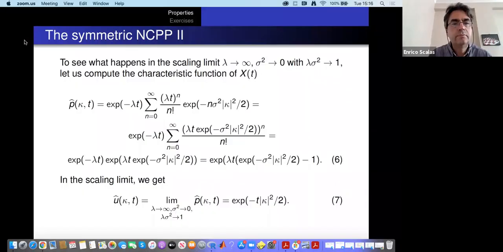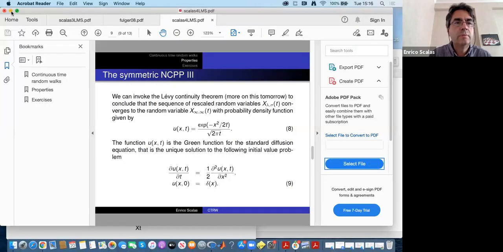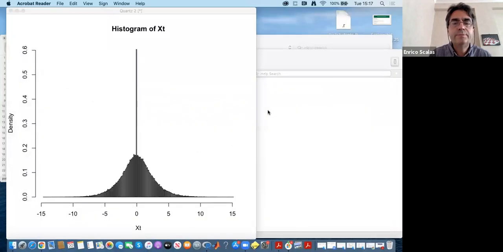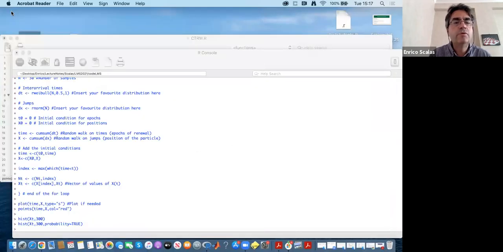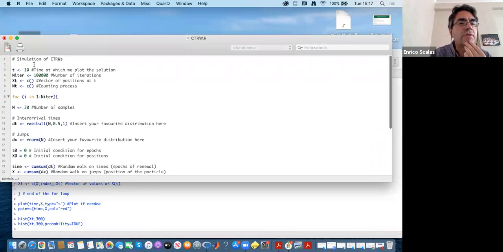So let me share the screen again. I think I still have 4 minutes to illustrate this limit using the simulation. So let me remove this picture and go to this program, which I will now modify a bit by changing the simulation.